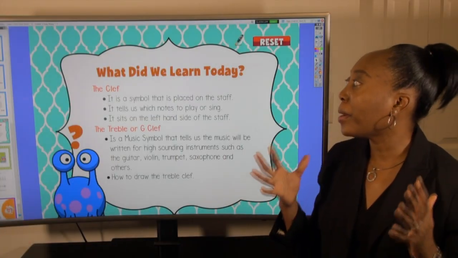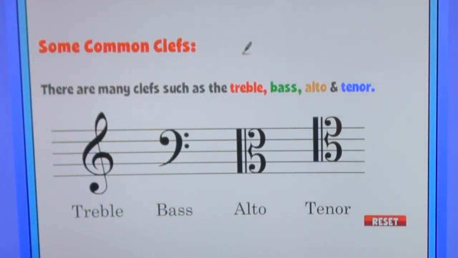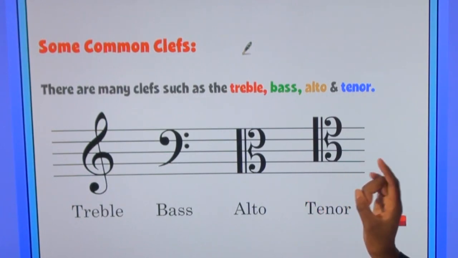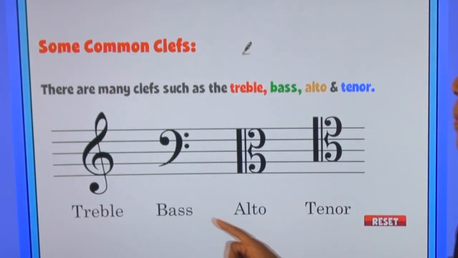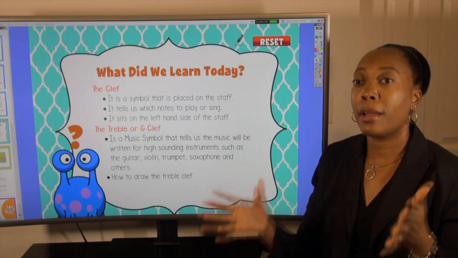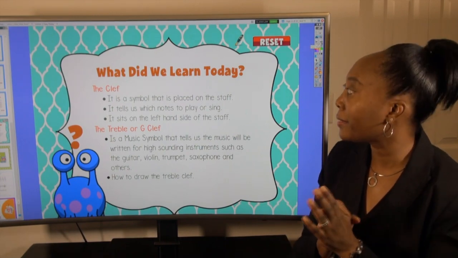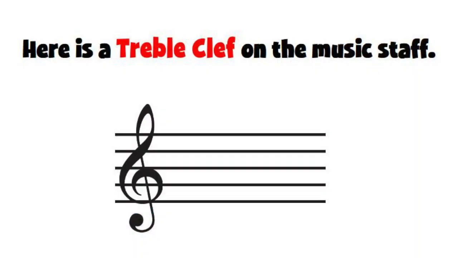All right, so what did we learn today? Well, you learned quite a bit today. You learned about the clef. I showed you several different clefs, but we talked about the two most common clefs, the treble clef and the bass clef, and we focused primarily on what? The treble clef. So the clef is a symbol that is placed on the staff, right?